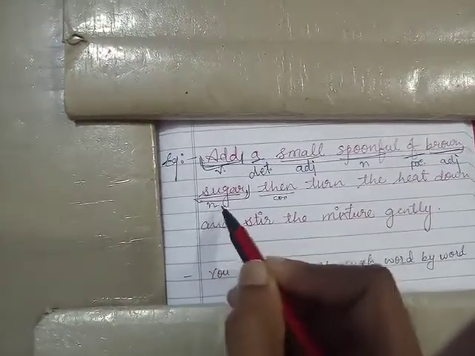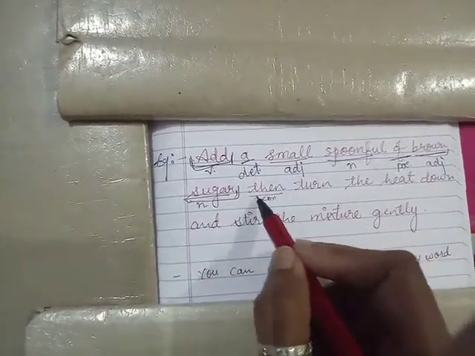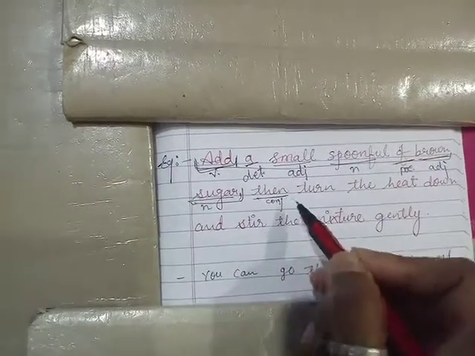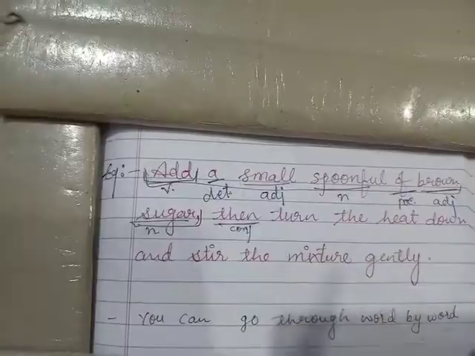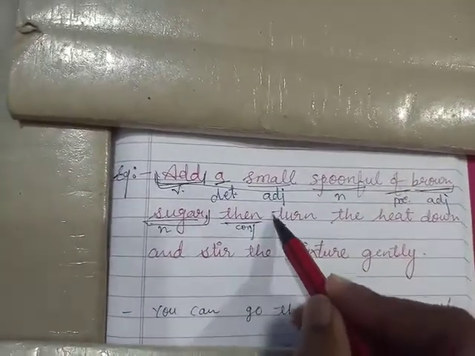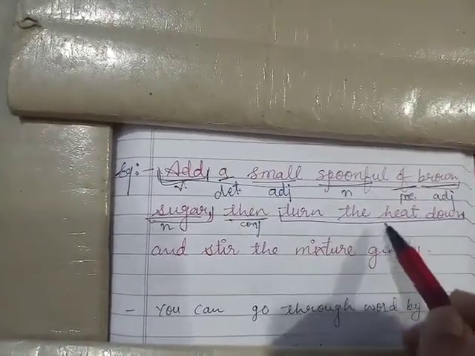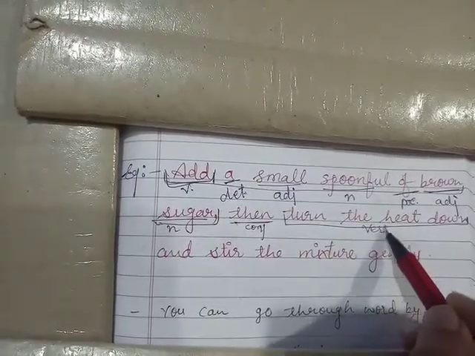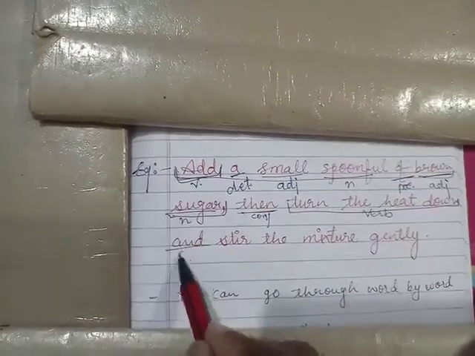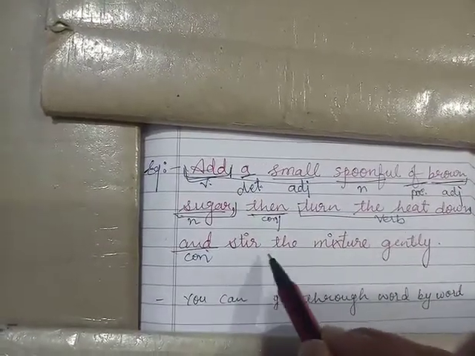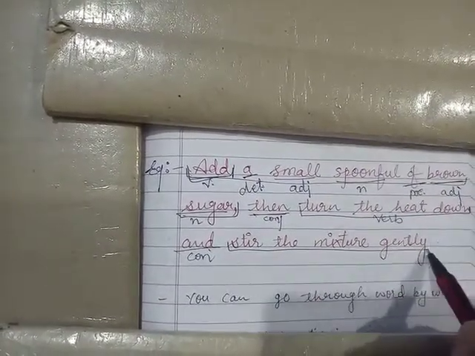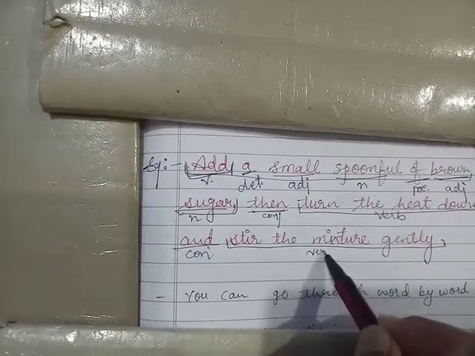Sugar is a noun. Then is a conjunction. Turn the heat down is a verb, and is a conjunction. Stir the mixture gently is a single verb.